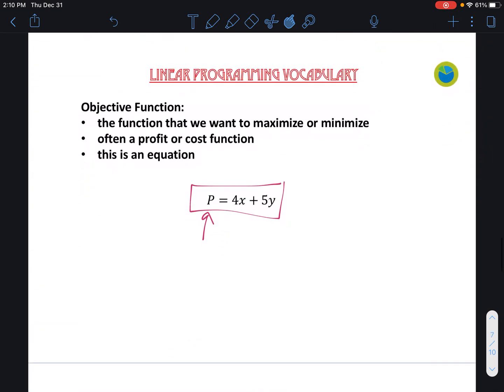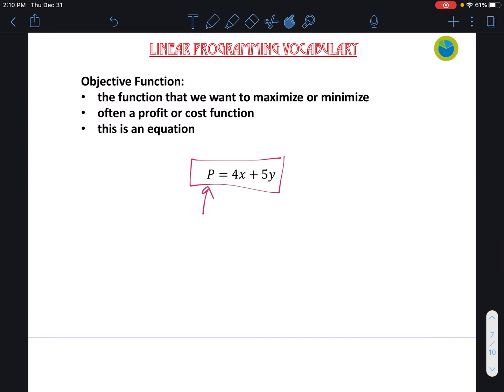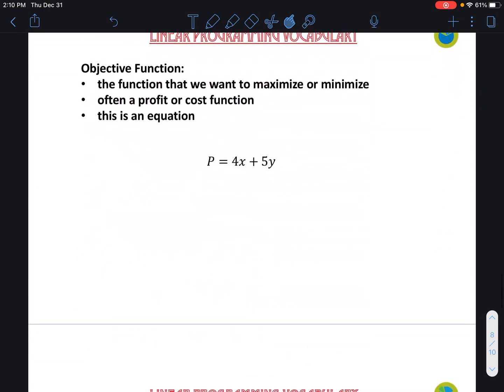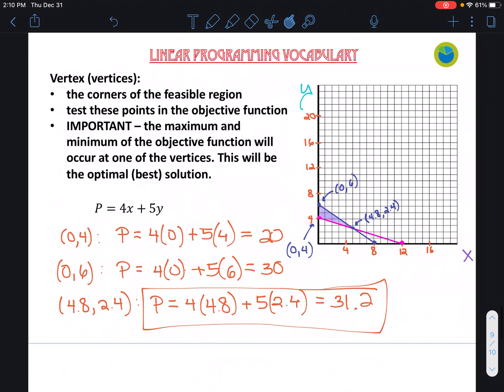Once you know that, you will need to pull out the objective function from the word problem. Then you'll take the vertices of your feasible region and plug them into your objective function to figure out which is the best solution. And those are some key terms to linear programming.